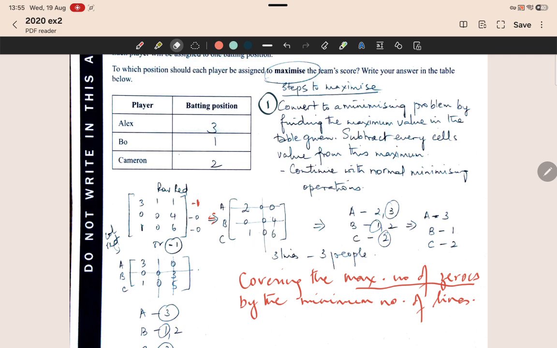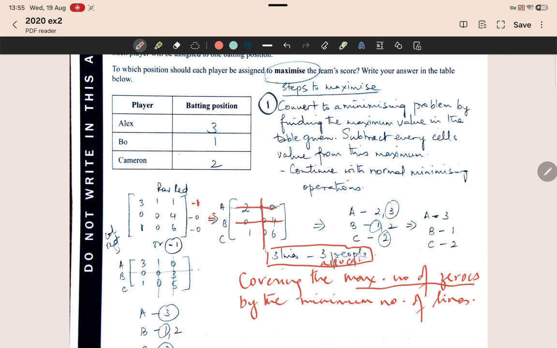Now once you draw the lines, you have to see if the number of lines is equal to the number of allocations that you have. So we've got 3 allocations that we need to make, and if you look at it, we have 3 lines. So 3 lines is equal to 3 people or 3 allocations.